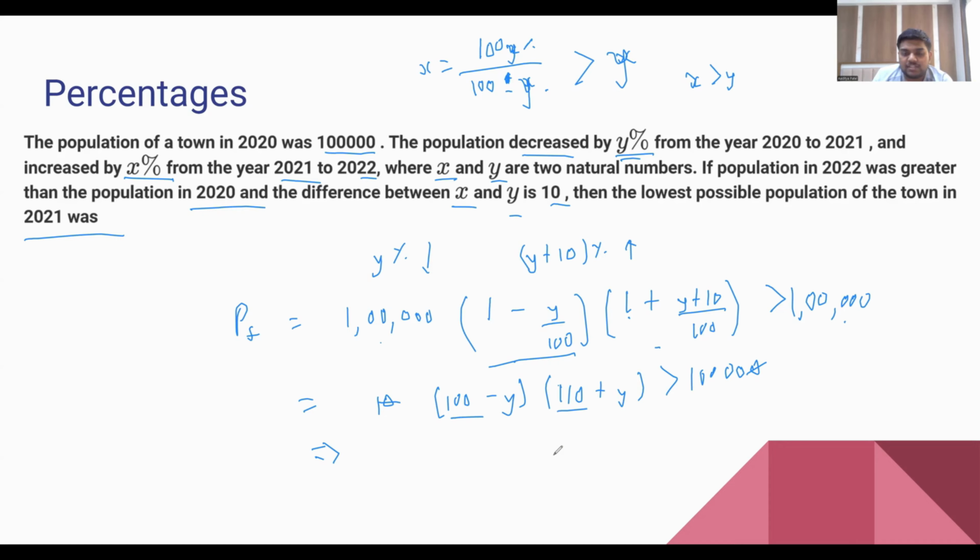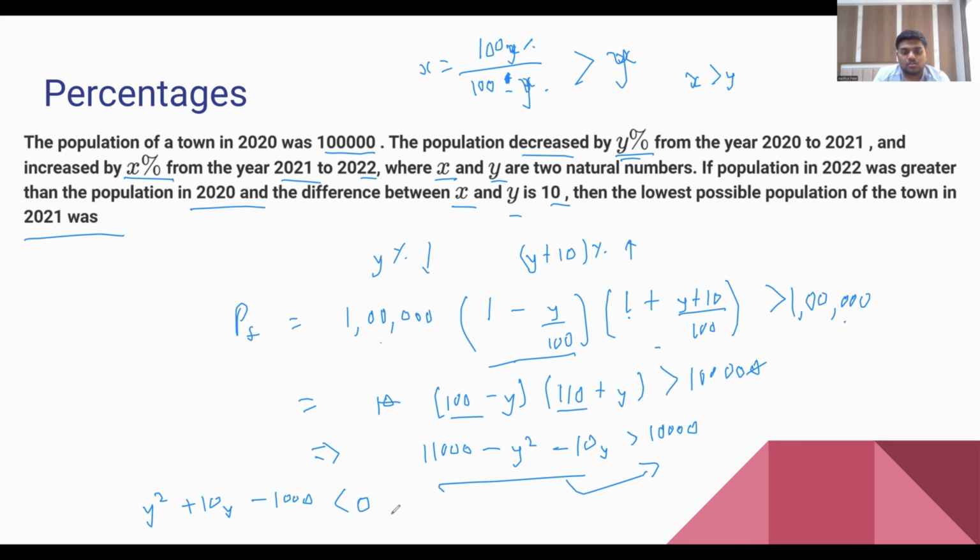Doing the cross multiplication gives you 11,000 minus y square and 100y minus 110y, so minus 10y is greater than 10,000. And shifting this to this side gives you y square plus 10y minus 1,000 is less than 0.